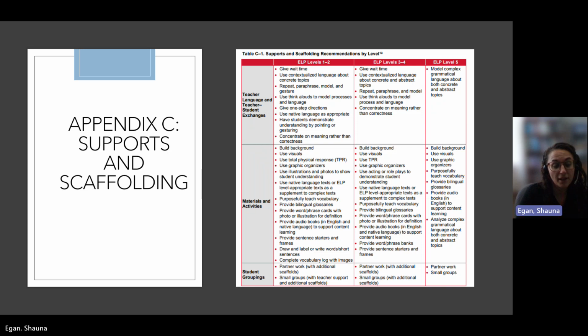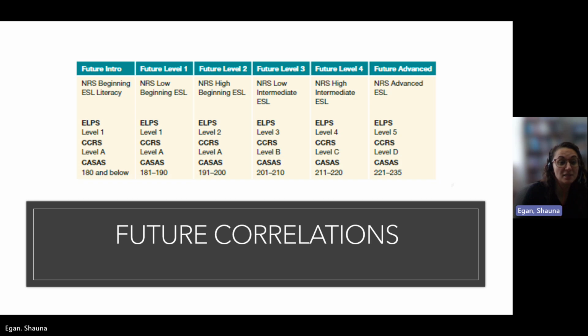This chart is from the English language proficiency standards, Appendix C. It gives you an idea of what supports are going to be helpful. So for English language proficiency levels 1 and 2, and just refreshing ourselves, that's going to be future intro all the way up through future level 2.